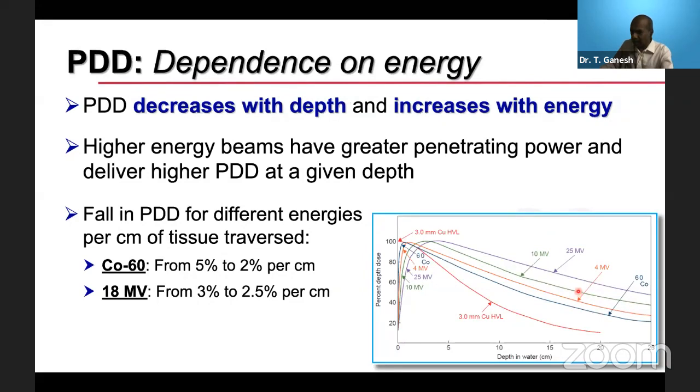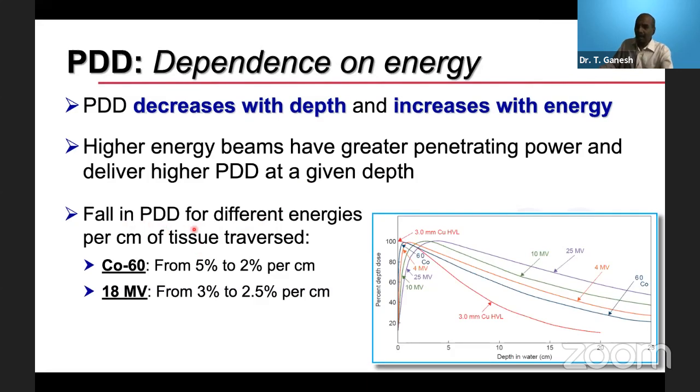At the same depth, when it is increased to 25 MV, it is further increased. So it increases with energy, but decreases with depth. Higher energy beams have greater penetrating power. This happens because with increase in energy, the higher energy beams have got greater penetrating power, and that's the reason why we get higher PDD at a given depth.